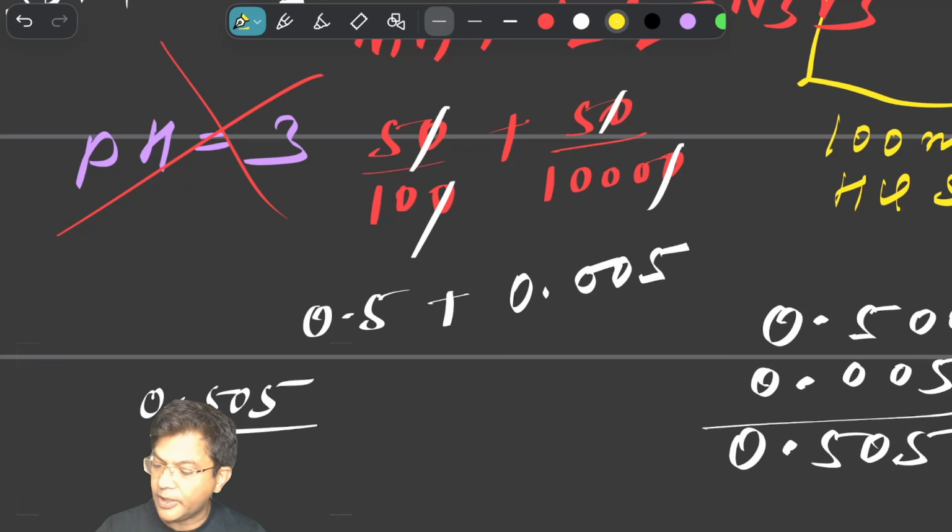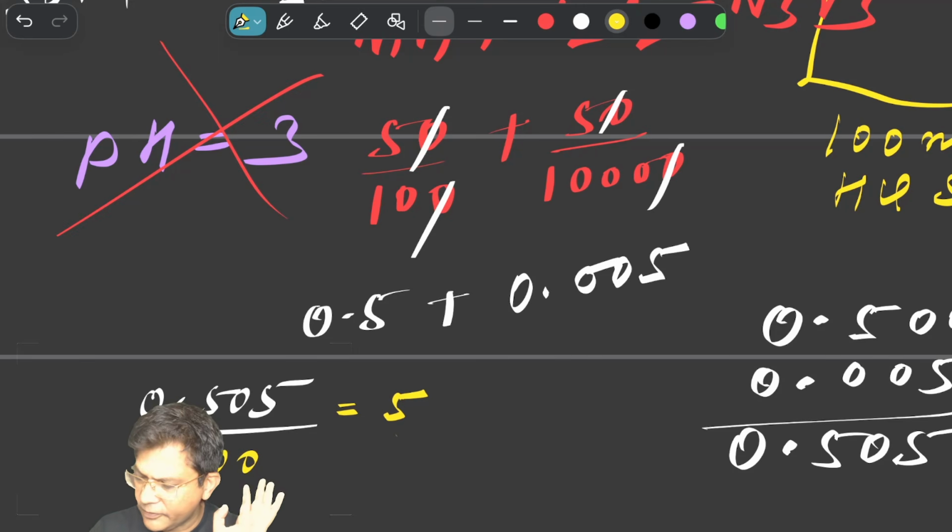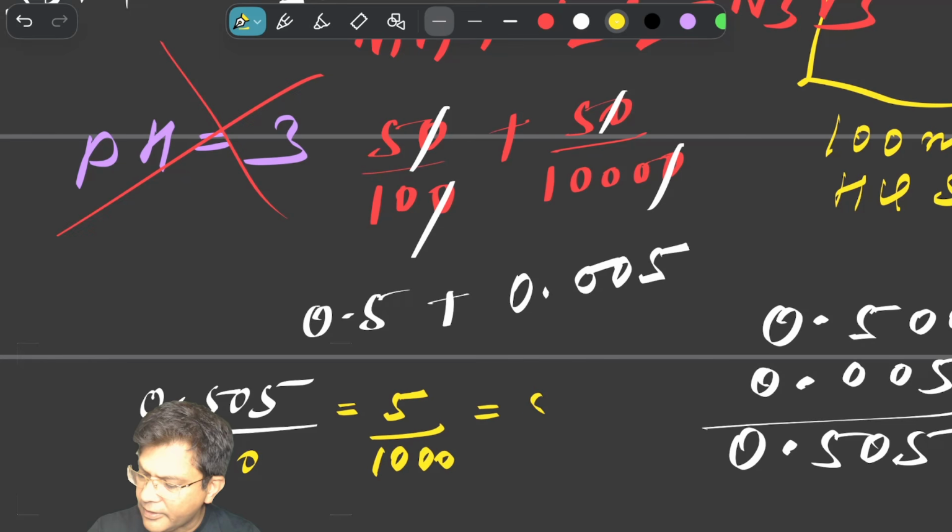Total volume has become 100 ml because 50 plus 50 is 100. So 0.505, how much is this coming? If you are making any mistake, you can multiply and divide by 10, so it will become 5 upon 1000. Now everyone can write 5 into 10 raised to power minus 3.